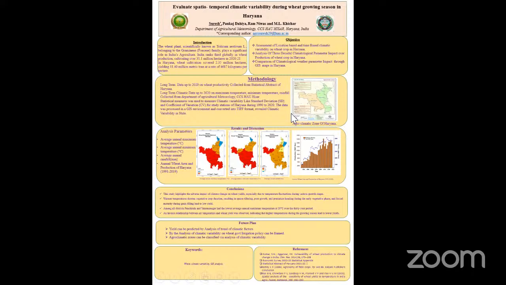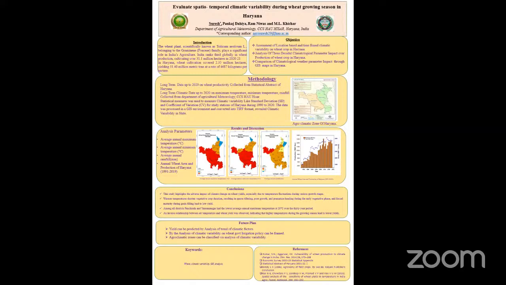My research topic is assessment of the spatio-temporal climatic variability during the 3-decade wheat cultivation period in Haryana.